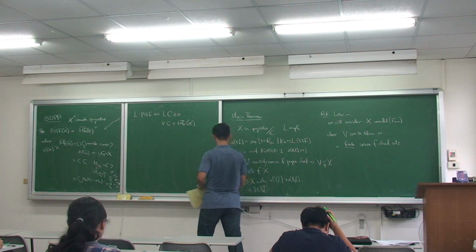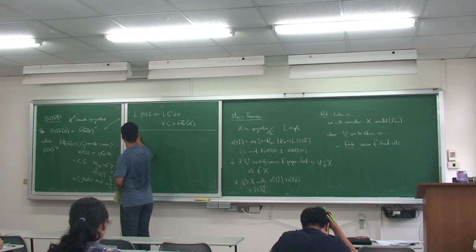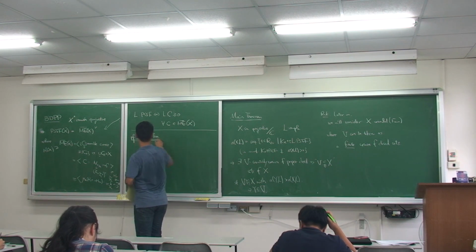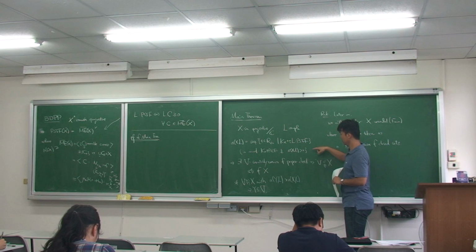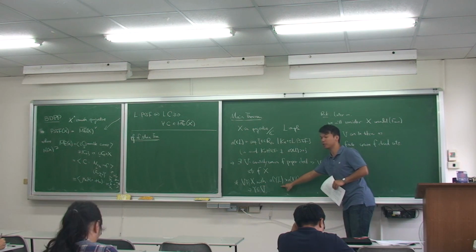So now let me prove my theorem. Let me start. You want to exclude this kind of subvarieties, which have a bigger pseudo-effective threshold.